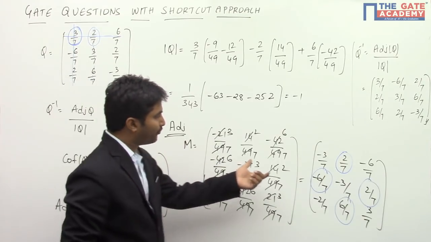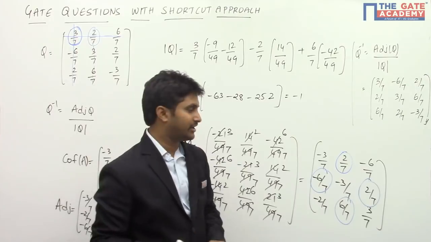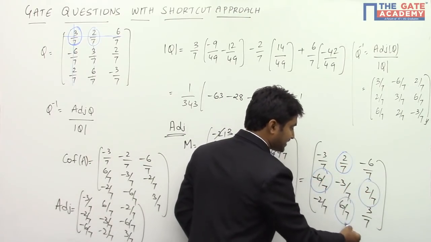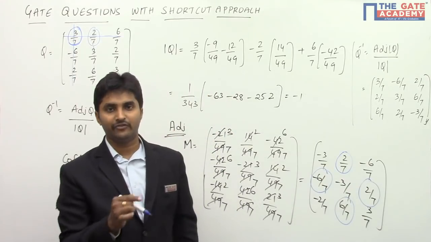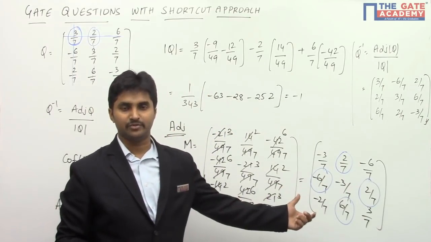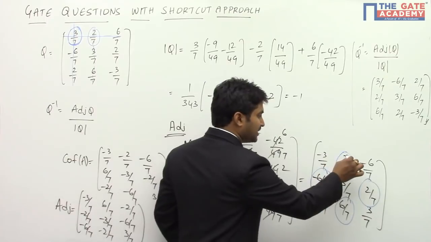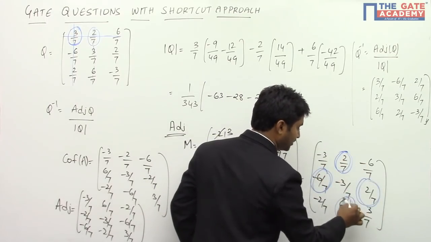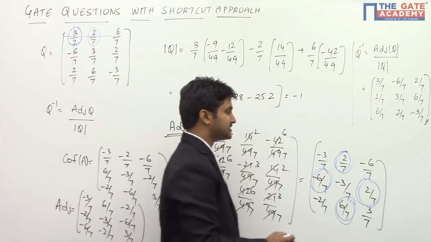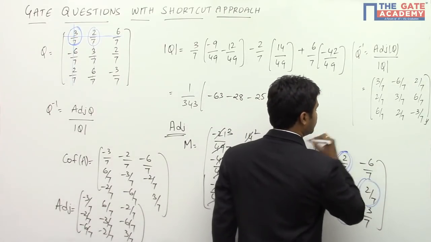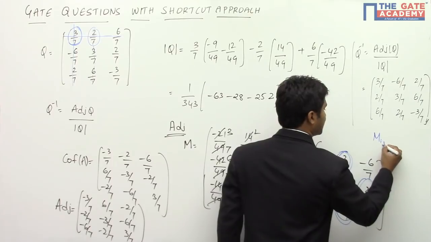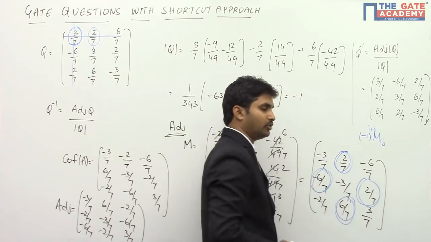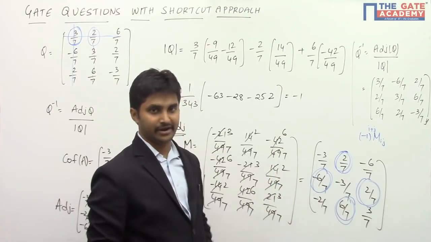How to find the cofactor matrix: for a 3 by 3 matrix, the rounded-off elements have to be multiplied by minus 1. The formula says that when you know the minor Mij, minus 1 to the power i plus j times it gives you the cofactor matrix.